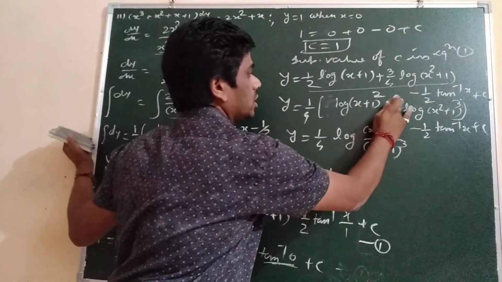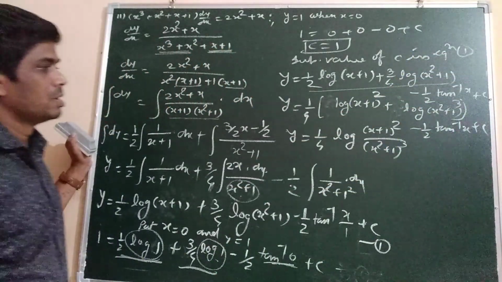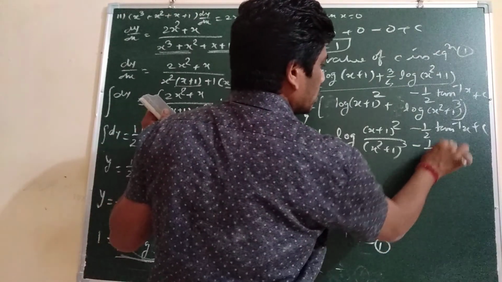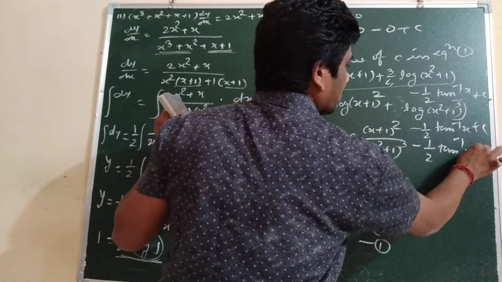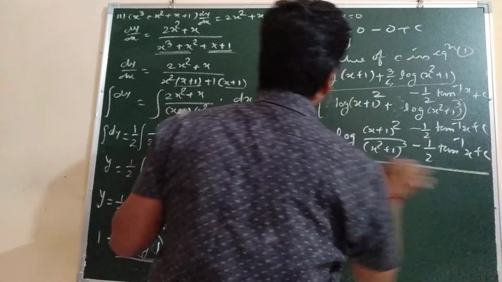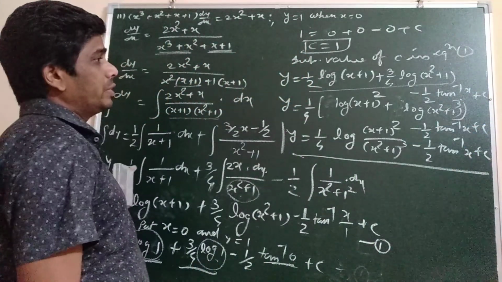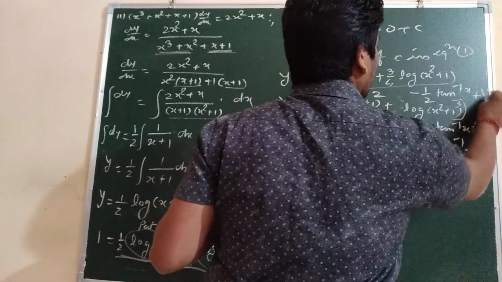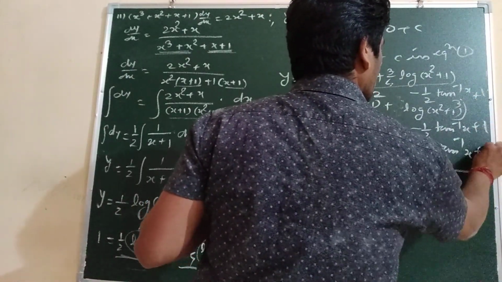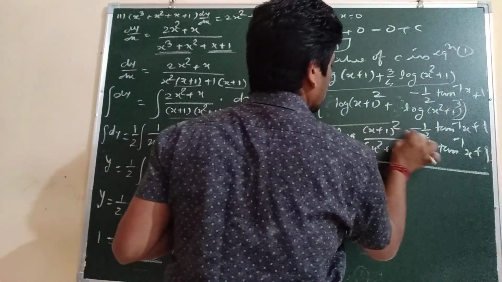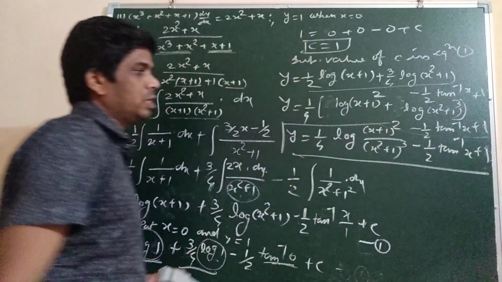This 3 we have shifted into the power. Minus 1 upon 2 tan inverse x plus c. The c value we have now substituted as 1. So this will be the particular solution of the given differential equation.